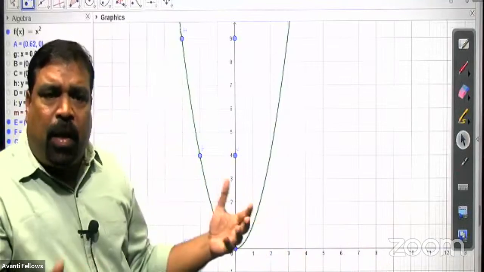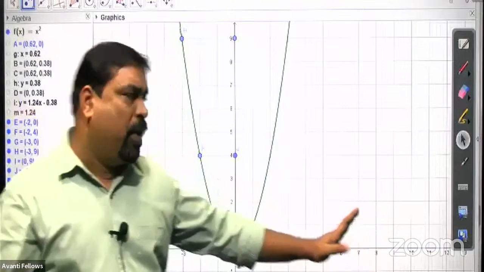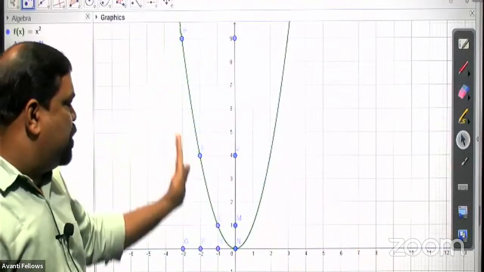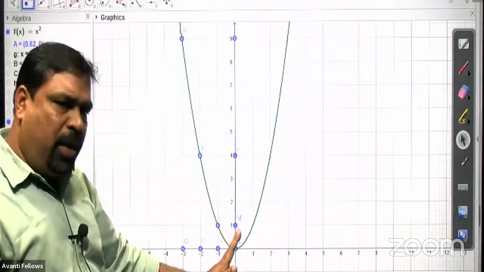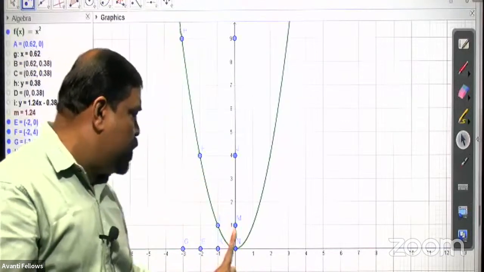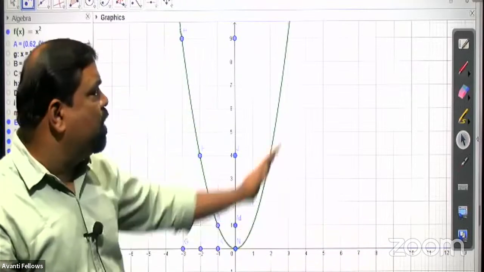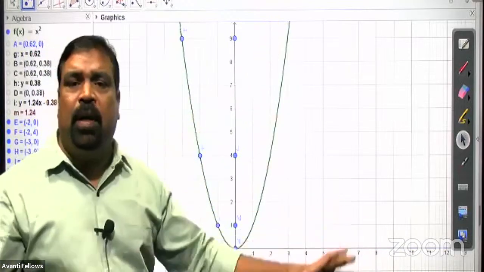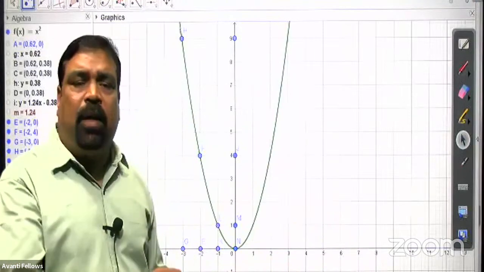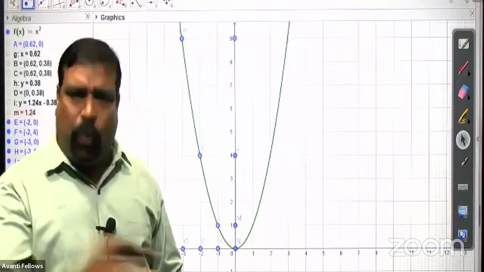We cannot say a complete nature over the whole real line, because for negative real numbers it is of decreasing nature, and for positive real numbers it is of increasing nature. So throughout the domain it is neither increasing nor decreasing.